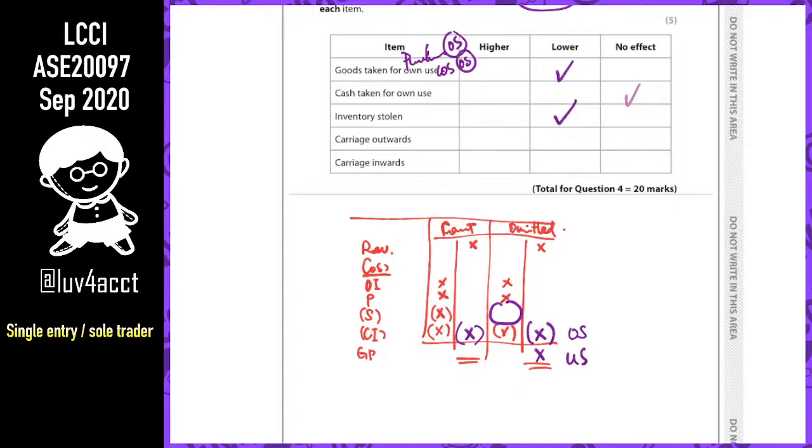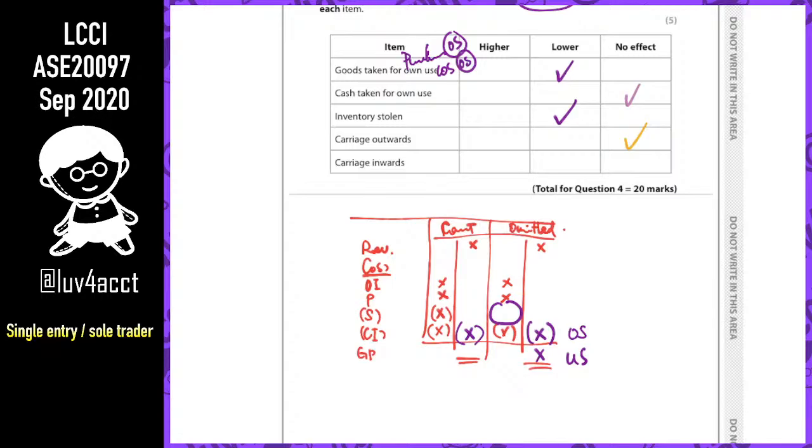Yes, my original thinking is correct. Later I'll explain why I have this doubt. So let us continue. Carriage inwards, there will be no effect, because it goes into your expenses.